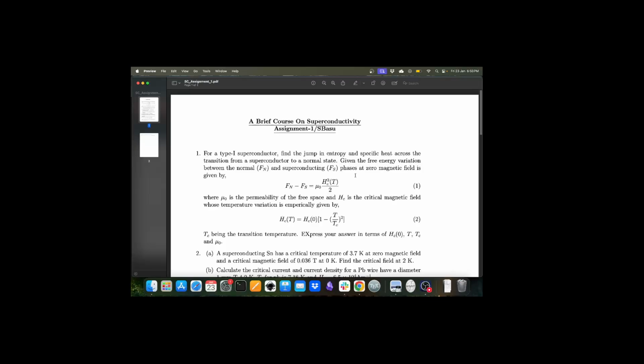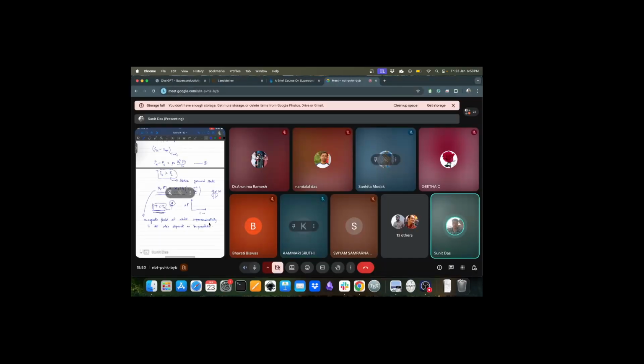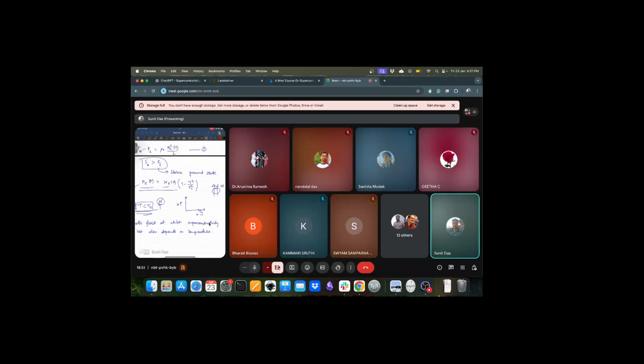Hc also depends on temperature. Even if you are below the critical temperature, so let's say this is Tc, and you are applying the magnetic field, you'll see that a curve like this will be there.